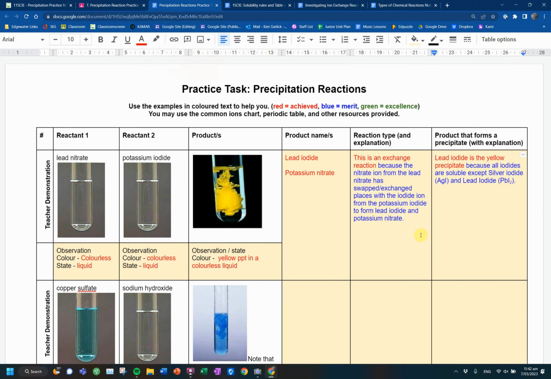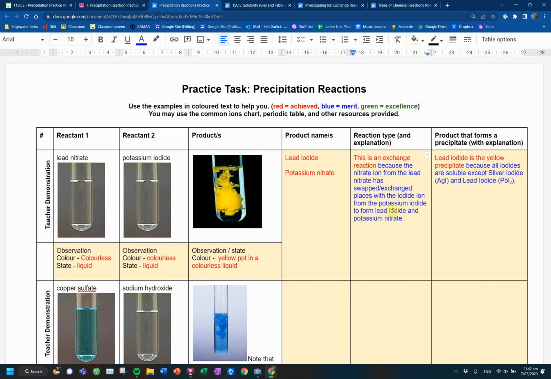If you want to get this section up to a merit level, you need to start explaining the why. So to explain why it's an exchange reaction, you're talking about how the nitrate ion from the lead nitrate has swapped places with the iodine from the potassium iodide reactant.